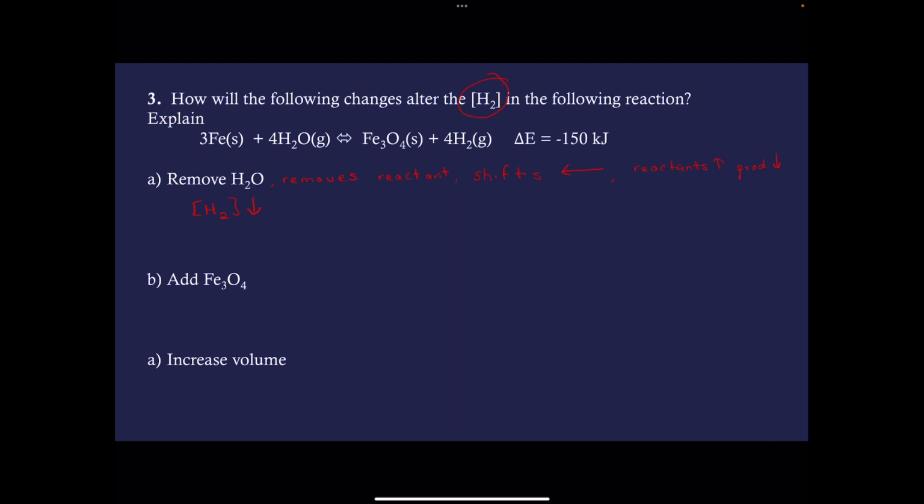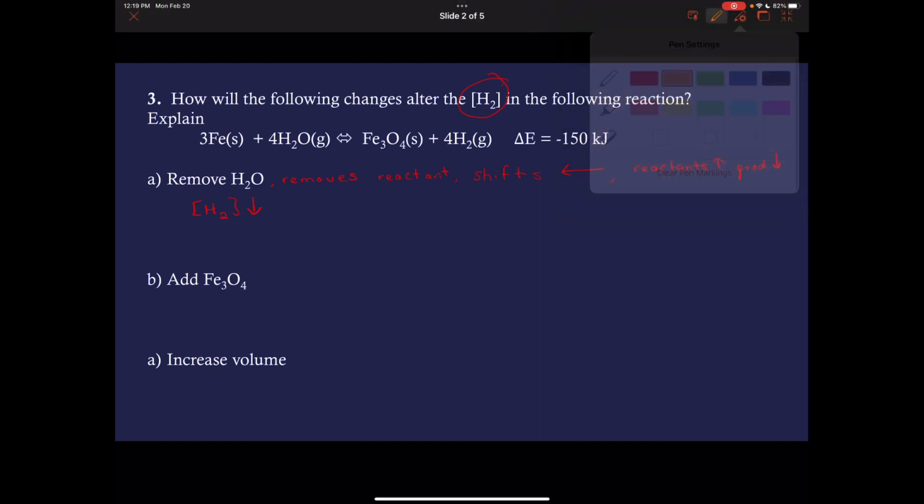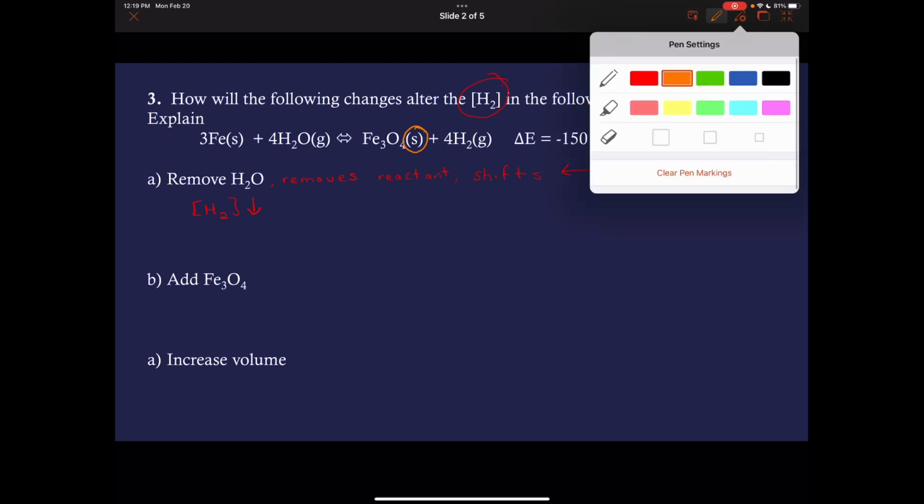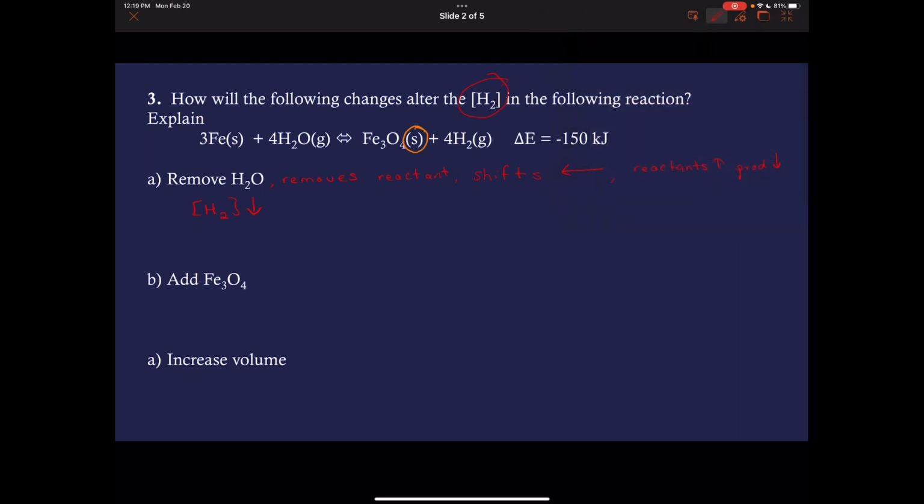Now next we're asked about iron oxide. Now the iron oxide here is, first of all, a product, but the other thing we've got to recognize is that it's a solid. So remember that solids do not impact our equilibrium. Changing a solid is not going to shift our equilibrium.